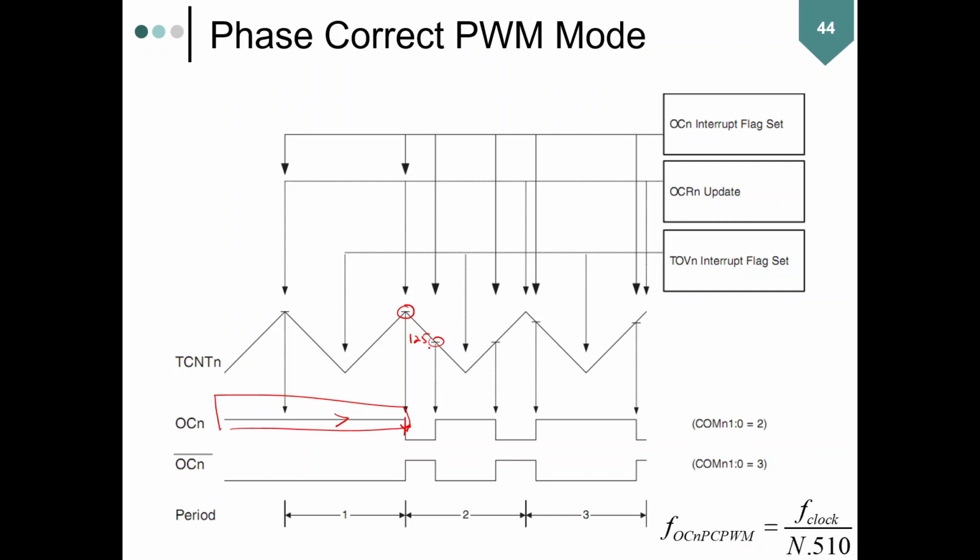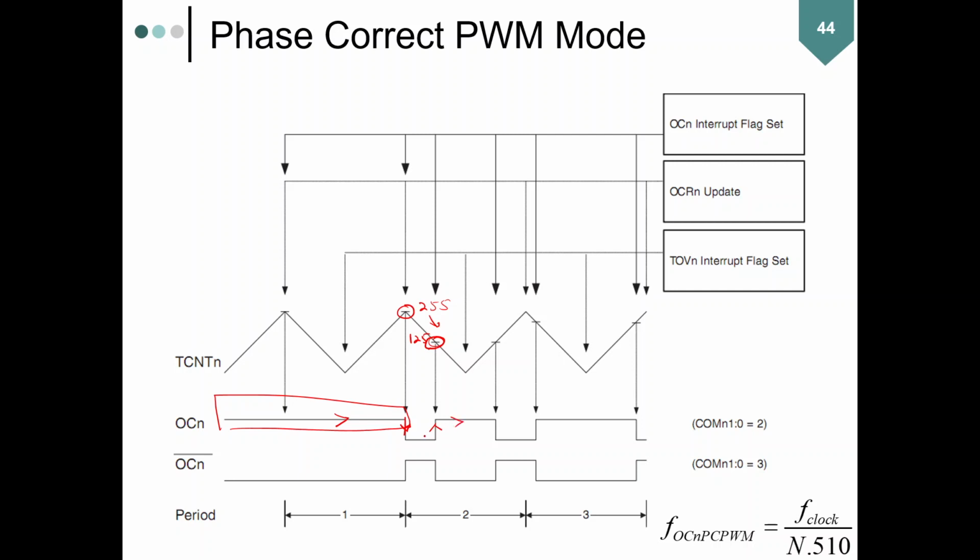So suppose the output compare register value that you set was 125. Once this value is compared, the timer counter starts from 255, moves downward, and reaches 125. Once it reaches 125 on the down count, then the pulse goes high.